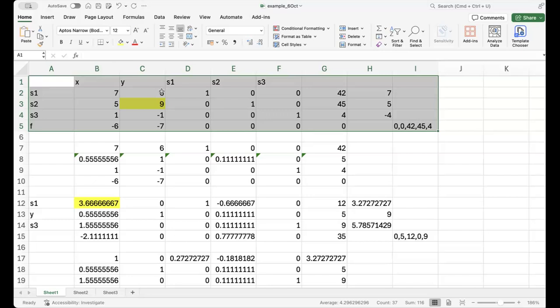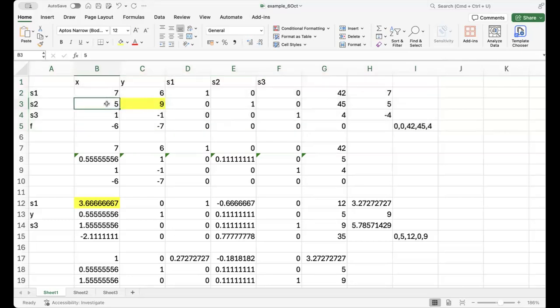And 7, 6 are their coefficients from the first inequality constraint, okay? And we add S1, so it should be 1 here, right? And on the right-hand side, it's 42, good. And for the second constraint, the coefficients are 5, 9, right?